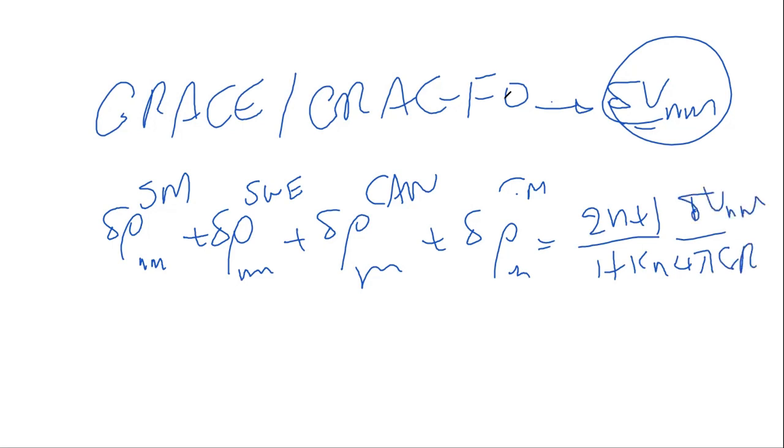So this means that if I compute the variation of the gravitational potential, I can come to density.